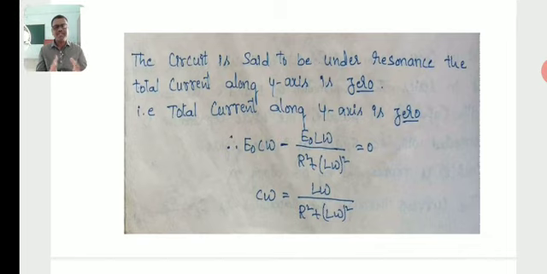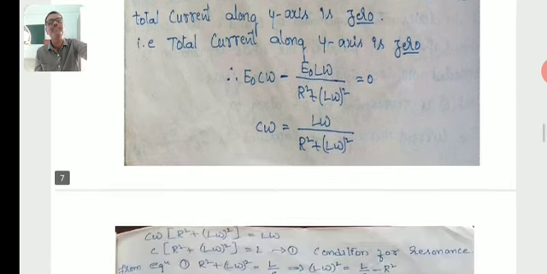So under the resonance condition, the current along the y-axis is 0, and IN becomes 0. Then E naught C omega minus E naught L omega by R square plus L omega square is equal to 0, so C omega is equal to L omega by R square plus L omega square.